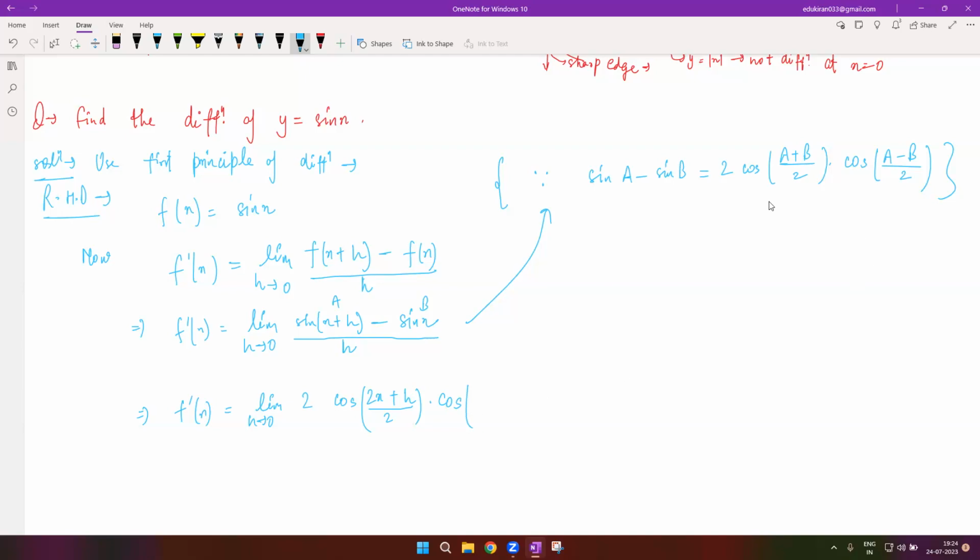No. This is not 2 cos A plus B. No, this should be sine, right? Yeah, correct. Good. This should be sine of (A minus B)/2. My bad.